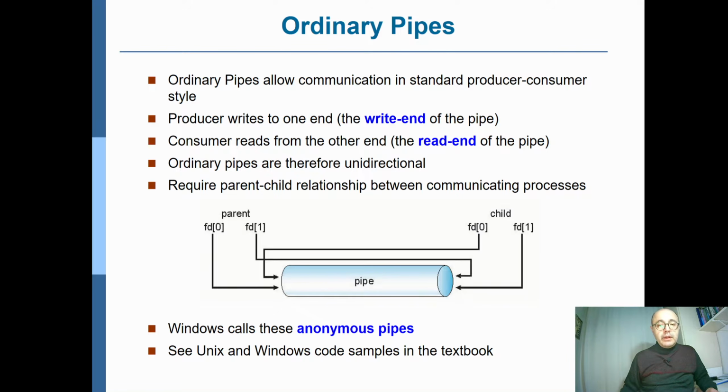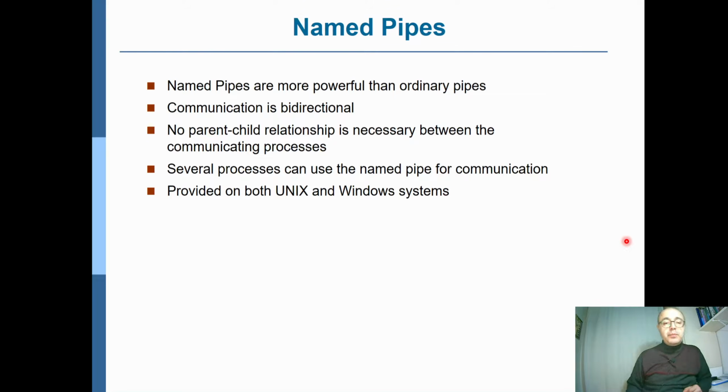So the other type of pipe is the named pipe. In the case of named pipes, as the name implies, the pipe itself has a name. Therefore, you know how to refer to that, and as a result of this, you don't need a parent-child relationship.